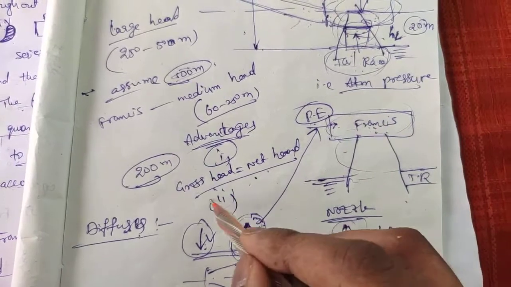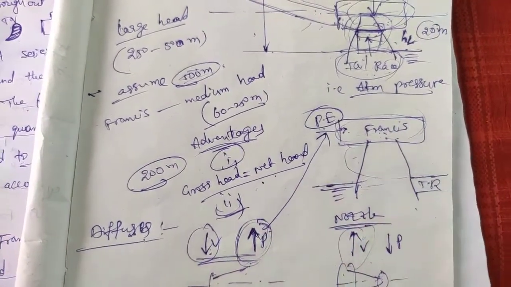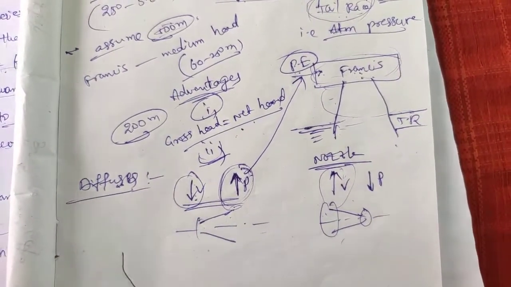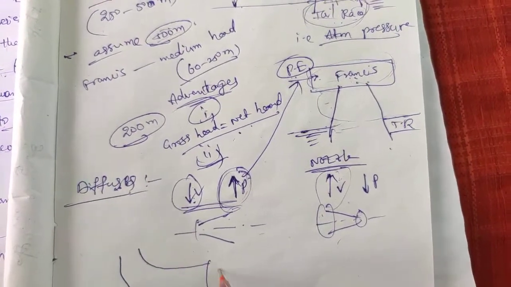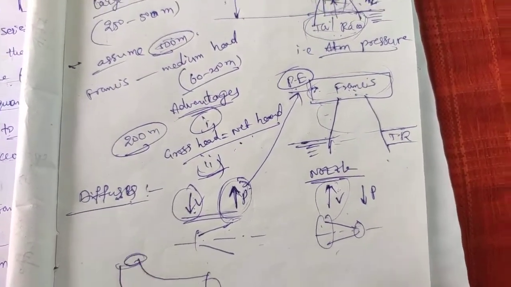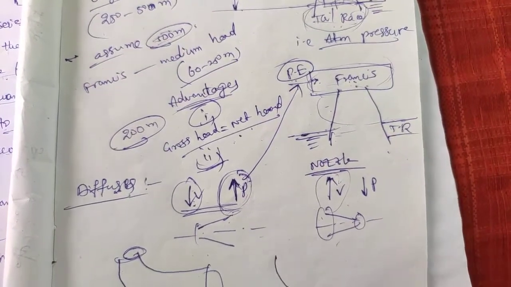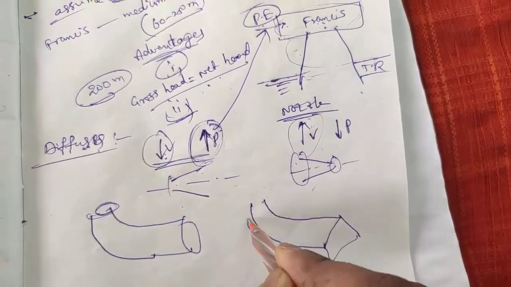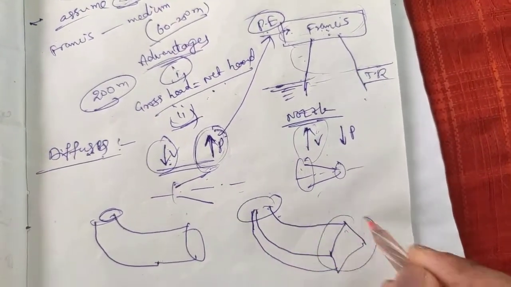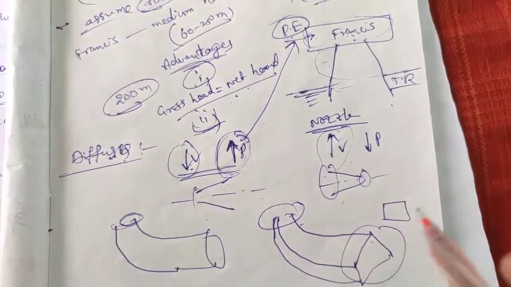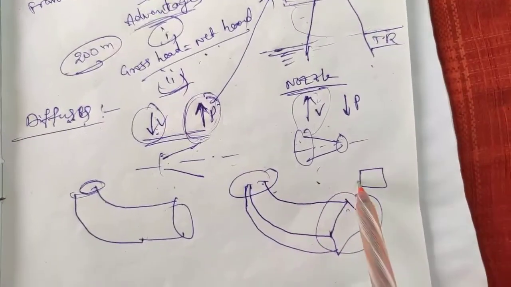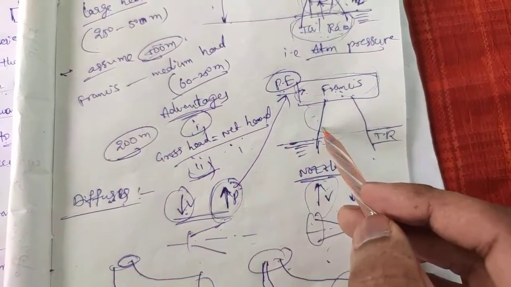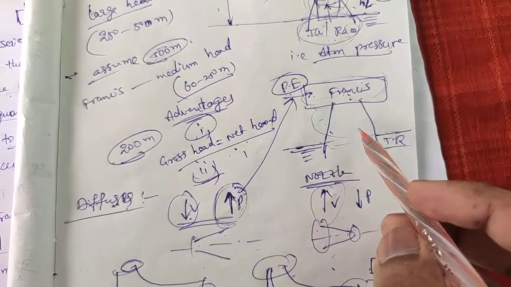This is another best usage of the draft tube. Draft tubes come in many shapes: a totally cylindrical shape, or some with a cylindrical inlet and a square or rectangular outlet. That is outside the subject here. This is the main function and purpose of the draft tube in the Francis turbine.